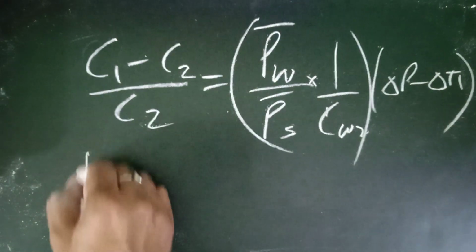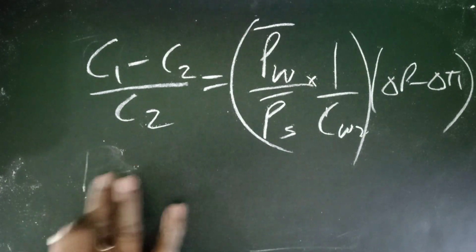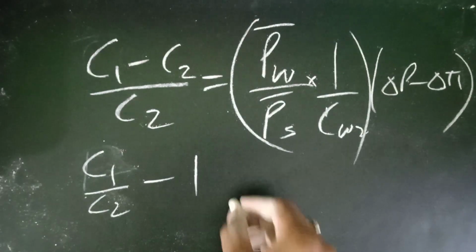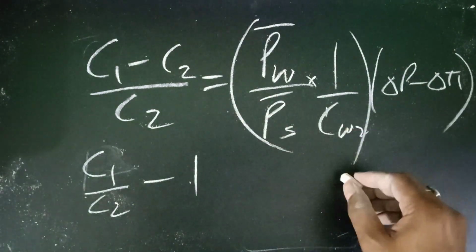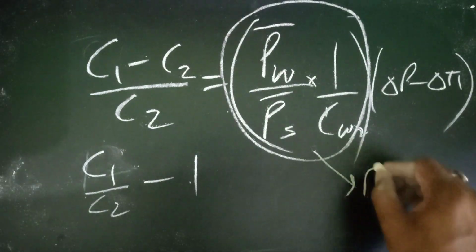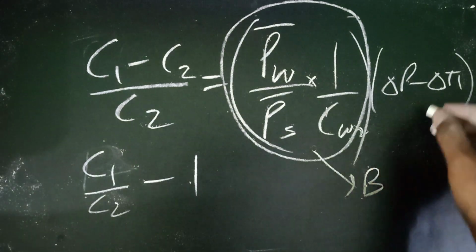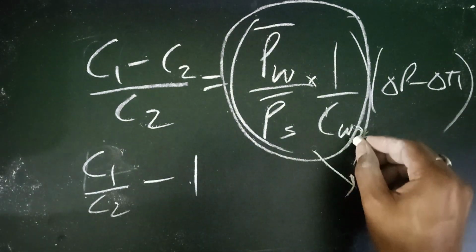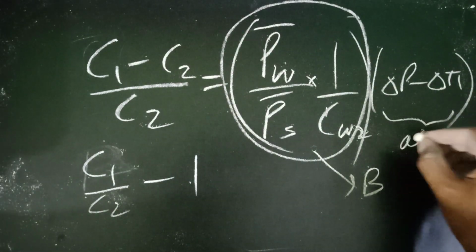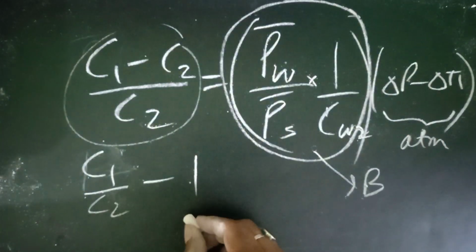Now this thing we can write as C1 by C2 minus 1. Let's just take this term as B. Now Cw2 is here, and this term has a unit of atm, while the other is a unitless term.